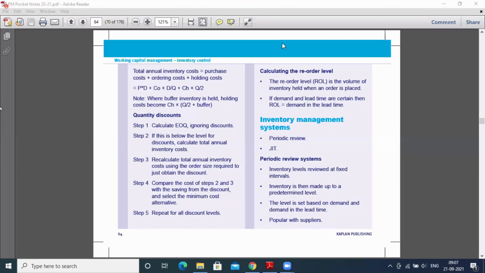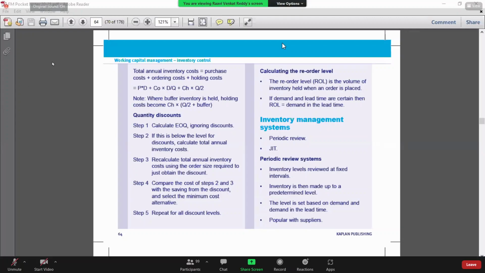In some cases, it is possible that the supplier might offer different discount levels. It means if you purchase 10,000 units, he may provide a discount of 2%. Or if you purchase 15,000 units, he might give a discount of 3%.